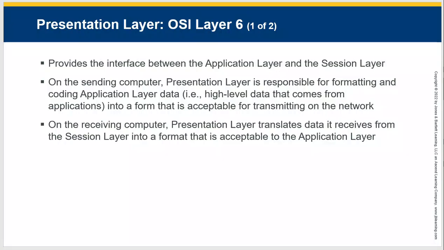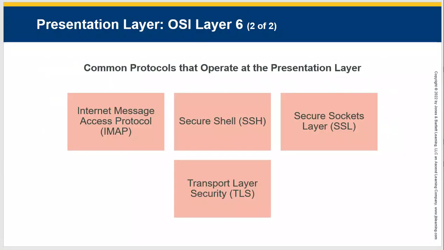So like if you're using secure FTP to transfer files, then that's the layer at which that's going to happen. And some protocols that you're going to find residing at the presentation layer are things like secure shell, secure sockets, transport layer security.